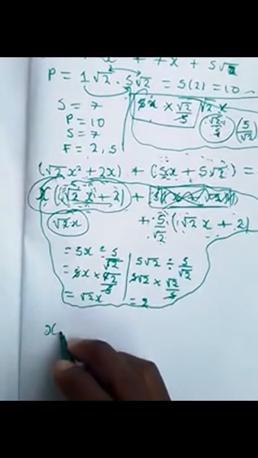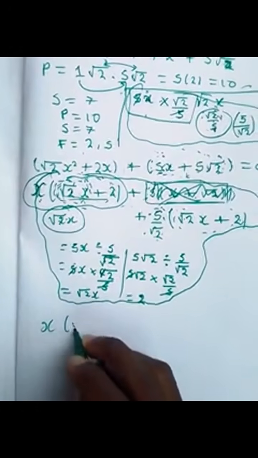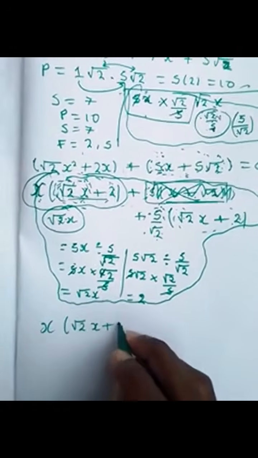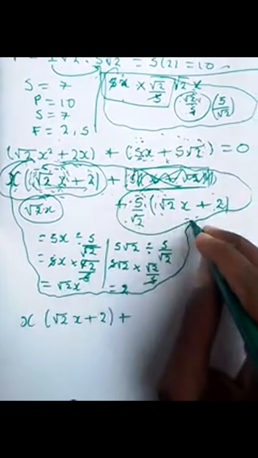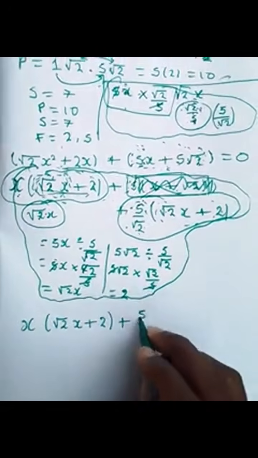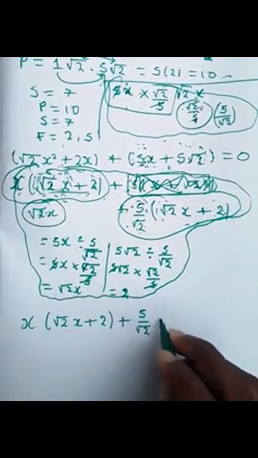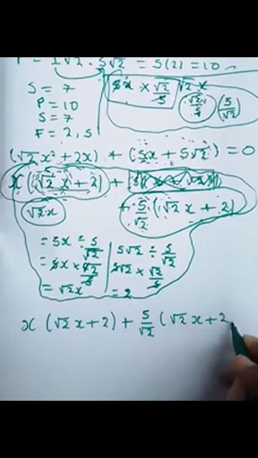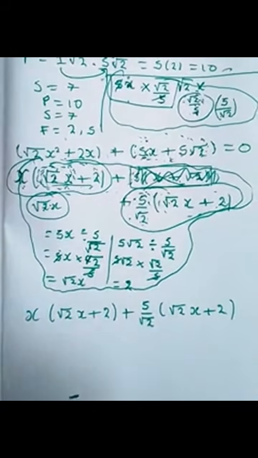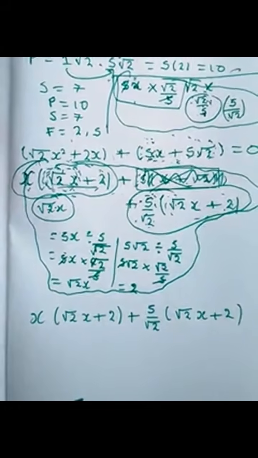It was x outside, square root of 2x plus 2, plus this thing here, which is 5 over square root of 2 x plus 2. Now, in case you are doubting, like, Joseph, are you sure?